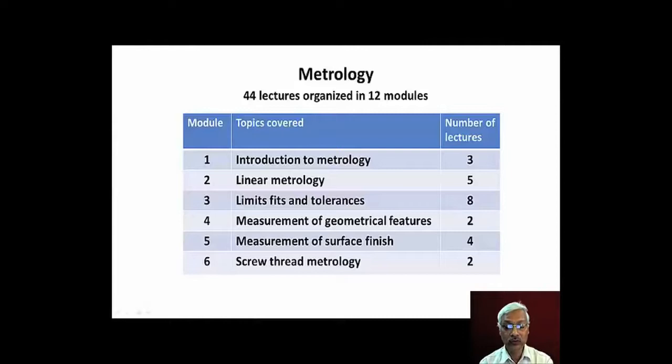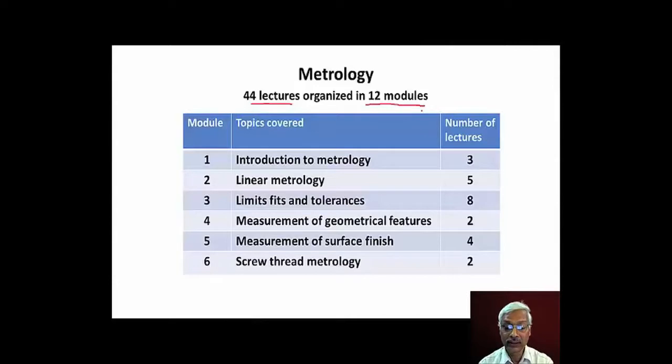In the present course, we will be mainly dealing with the dimensional metrology, wherein we will be learning about precise measurement of lengths, angles, forms, and positions. This course is spread across 44 lectures arranged in 12 modules.